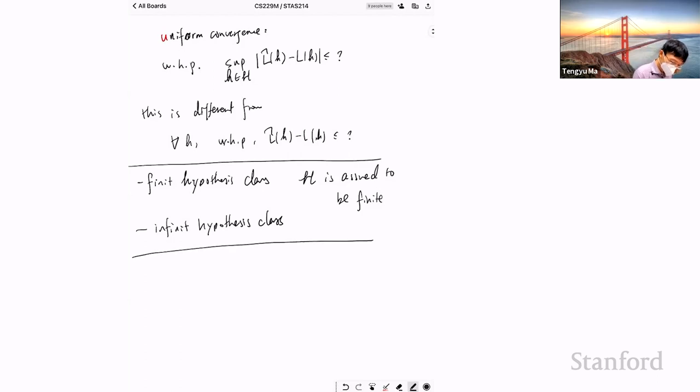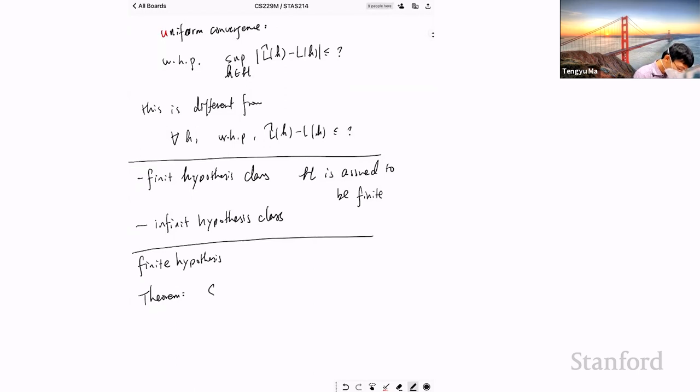Let me start by talking about the finite hypothesis class. Here's the theorem we're going to prove. There are some conditions, as we did last time.